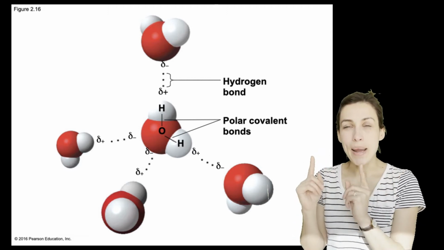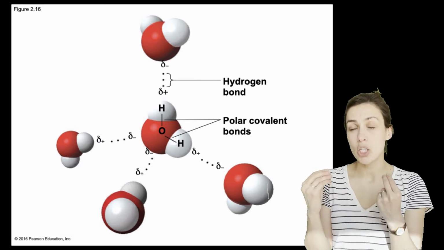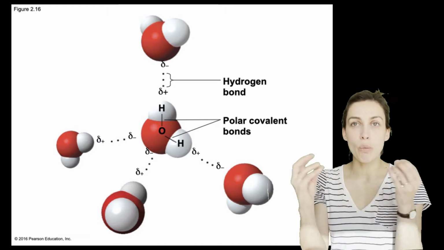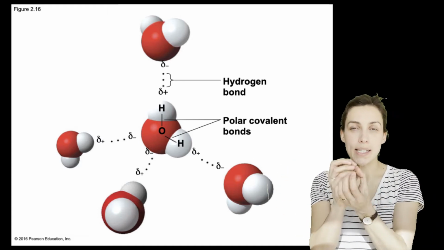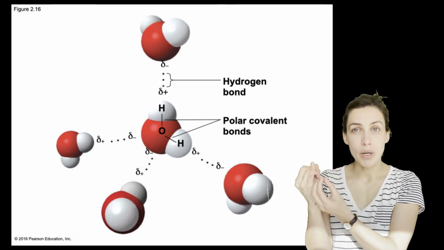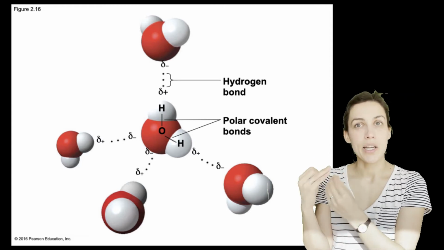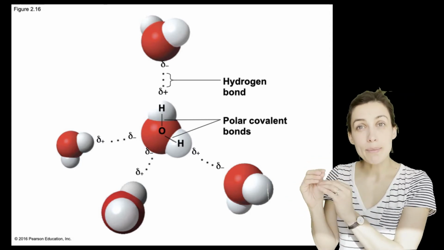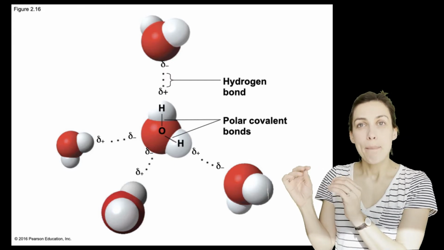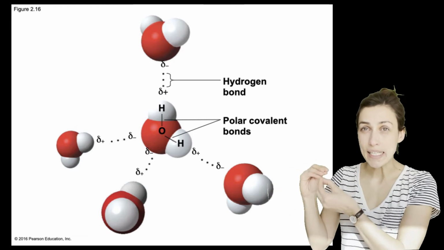So this may be confusing to you because we have so far been talking about bonds within a molecule, bonds that hold atoms in stable groups. And those were covalent bonds, including polar covalent, nonpolar covalent, and ionic bonds. But this bond, the hydrogen bond, is an attraction between separate molecules, not between atoms of a single molecule.